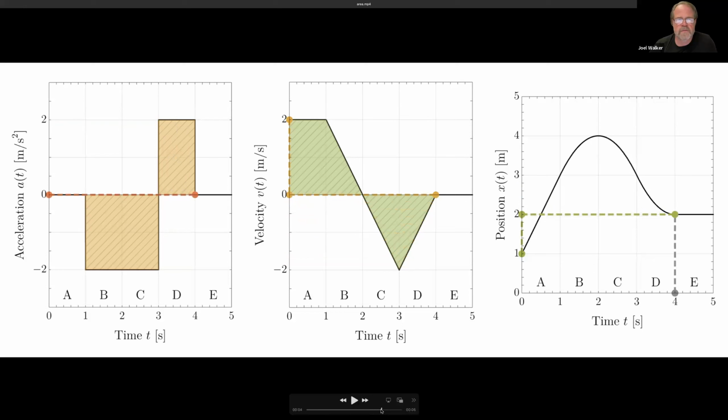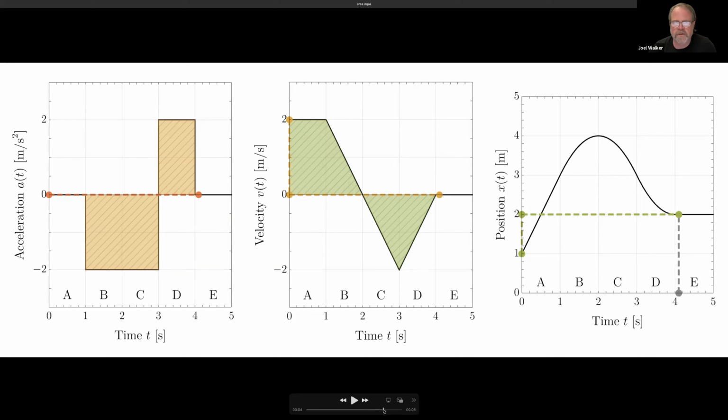At the end of segment D, how many blocks have we got filled in? -2, -2, +2. So the velocity change in segment D alone from -2 to 0 was +2, but the total velocity change relative to where we started at time 0 is -2, -2, +2, for a total change of -2.